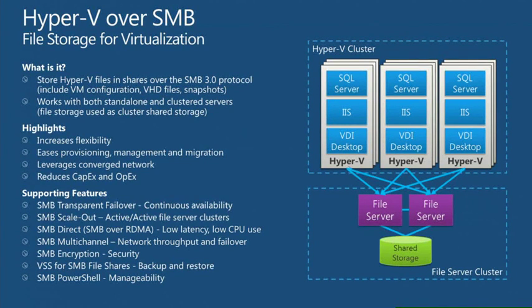So for instance, we introduced the notion of transparent failover. So in Windows Server 2008 R2 and SMB 2.x, if you had a cluster, you could fail over between cluster nodes, but that was a disruptive operation for the client. We changed that. And in Windows Server 2008 R2, if you have multiple nodes in a cluster, a file share would be active in only one node at a time.